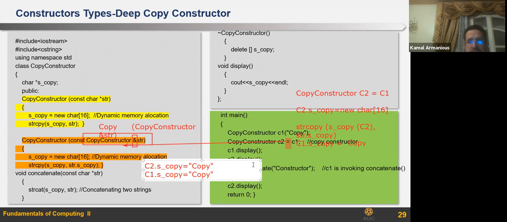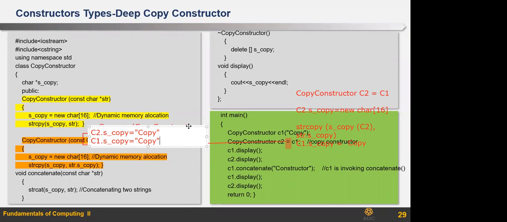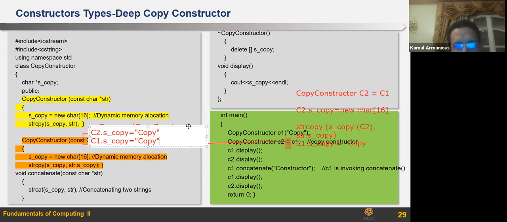Okay, so far so good. Yahya, you want to say something? Yes, doctor. When we wrote copy constructor C2 equals C1, why didn't the value go to the first constructor, the one highlighted in yellow? Because what is the input parameter for the first constructor?